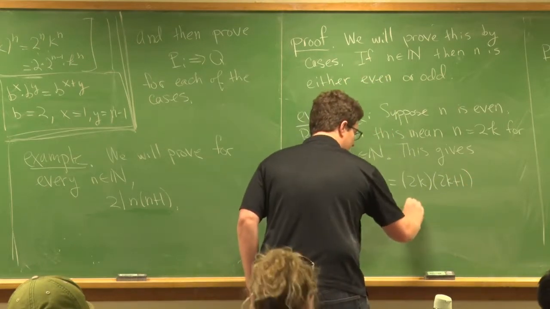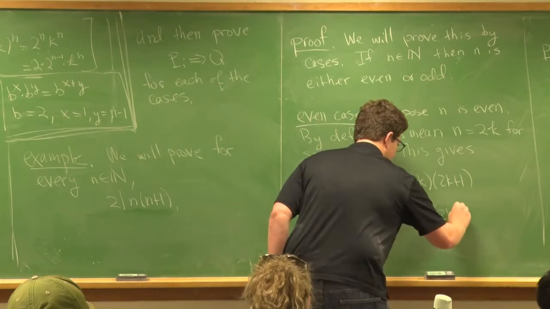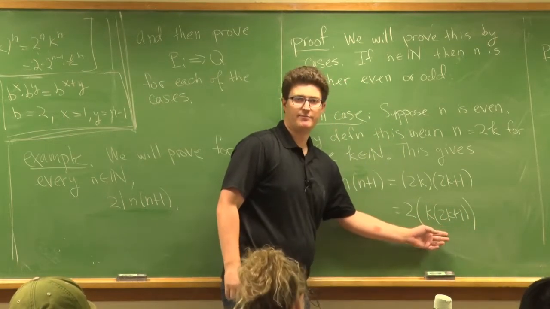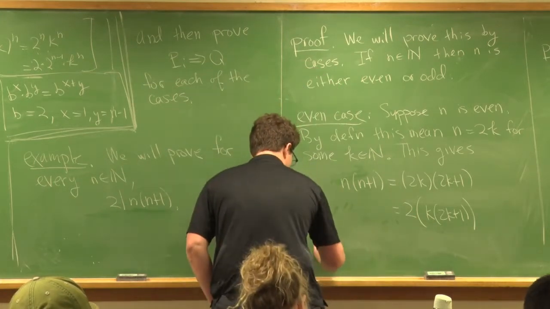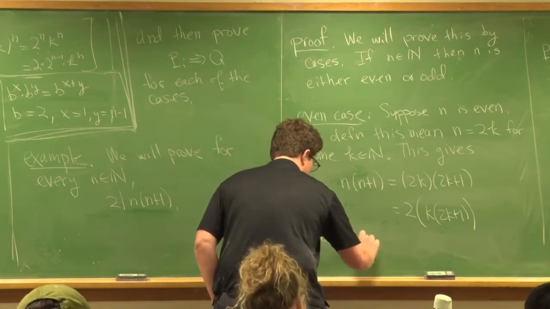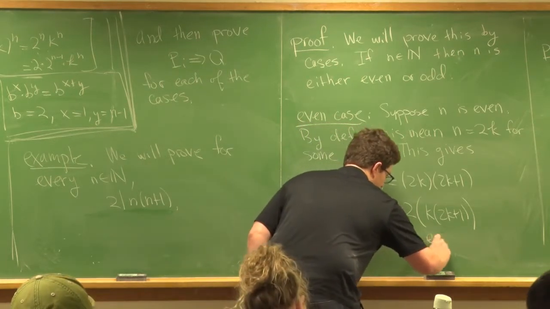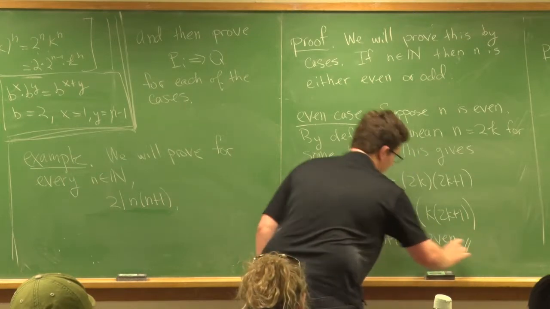And so this thing looks like 2 times the quantity k times 2k plus 1. So it's 2 times some junk, right? So that means that it's even. Hence, n times n plus 1 is even. Okay, so this is the first little subproof.